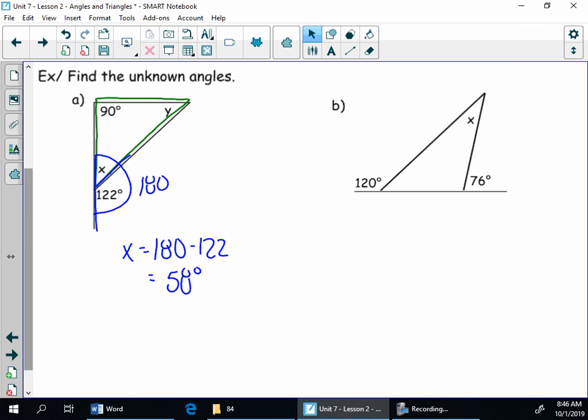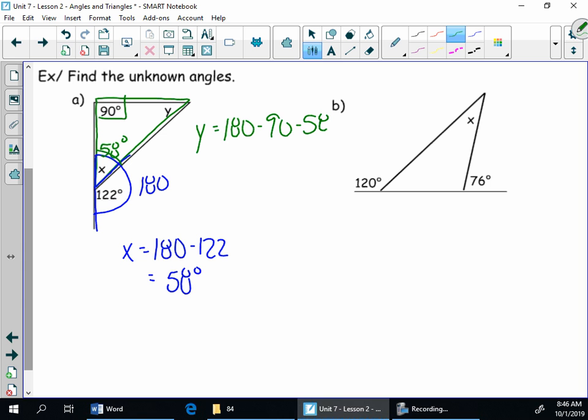Well, now that I know that x is 58, let's put that in our diagram here. Don't I have 1, 2 of the 3 parts of the triangle? I can get the third part because I know triangles make 180. If I subtract the 2 parts that I know, I'll be left with the angle that I want, letter y.